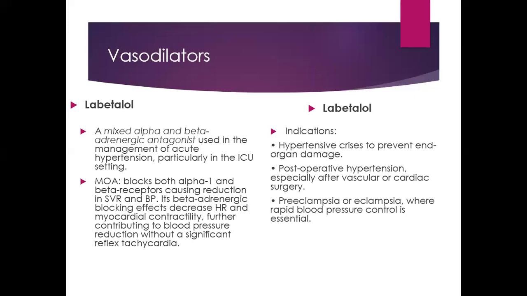It works at both the alpha 1 and beta receptors, causing reductions in systemic vascular resistance and thus blood pressure. Its beta adrenergic blocking effect also decreases heart rate and myocardial contractility, further contributing to blood pressure reduction without a significant reflex tachycardia, and that is why it comes in handy here.